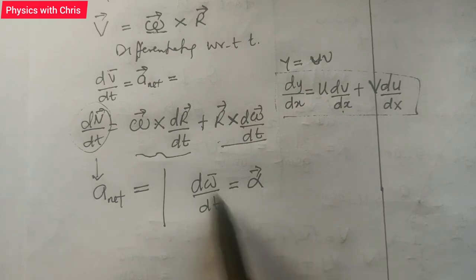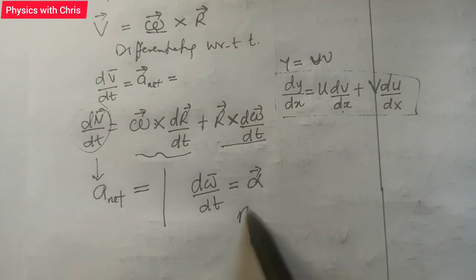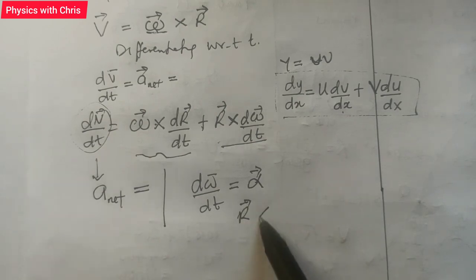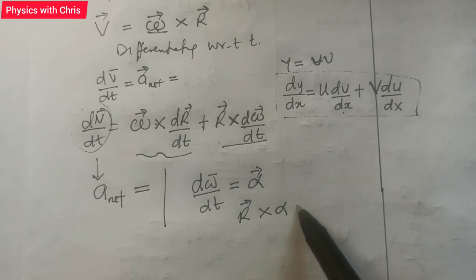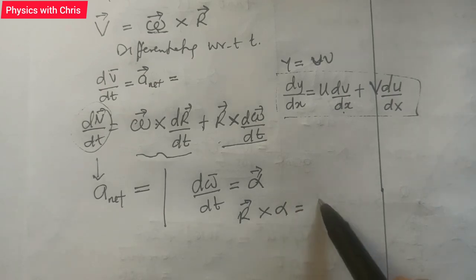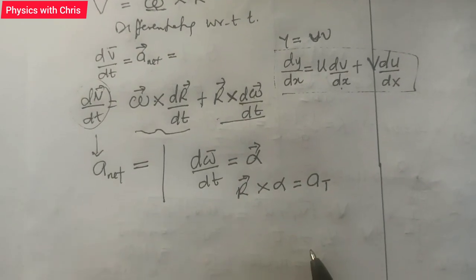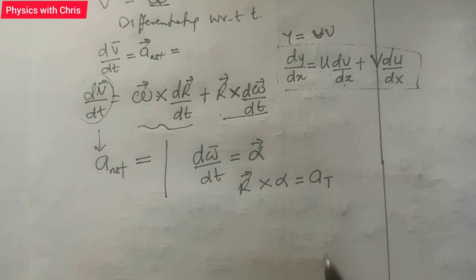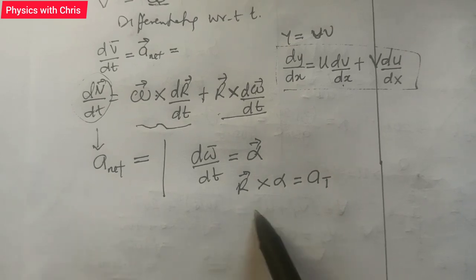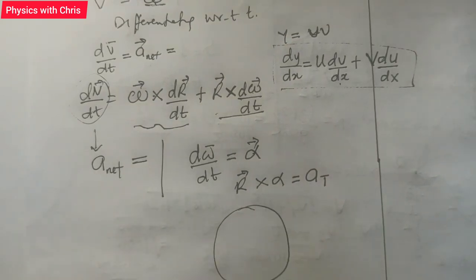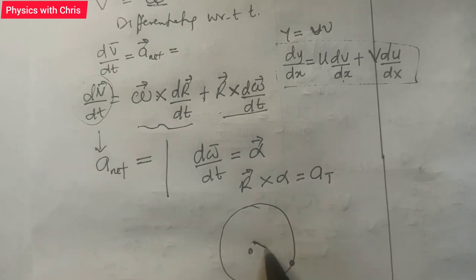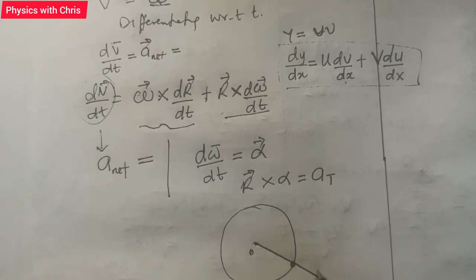And it means that r cross angular acceleration will be equal to the tangential acceleration, a_t. Now, how is this so? Consider a body moving in a circle, center O, for instance. If the body is at this point, the radius vector is directed away from the center.